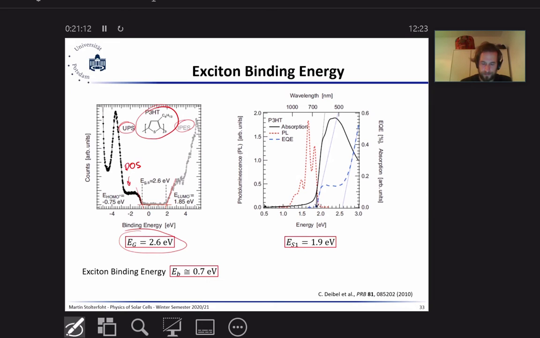However, when you measure the EQE, you can only transport charges with a band gap of around 1.9 eV. So that does not give free charges.